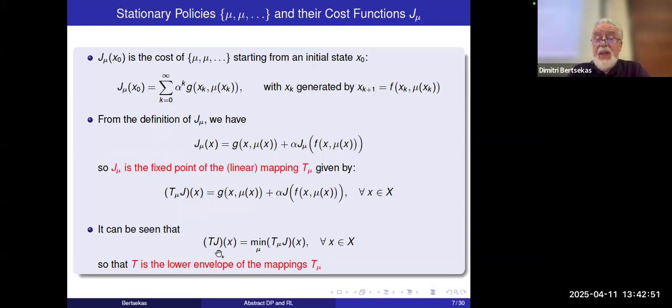And you can also see that the T mapping and the T mu mappings are related by minimization, and that T is the lower envelope of the mappings T mu. Now, the mappings T mu are linear, as you can see here. So each one of those has a graph that's represented by a line, many lines, and if you take the lower envelope of all those, you get the T mapping, which is, in this particular case, concave, has concave components.